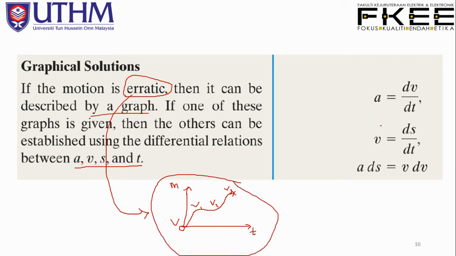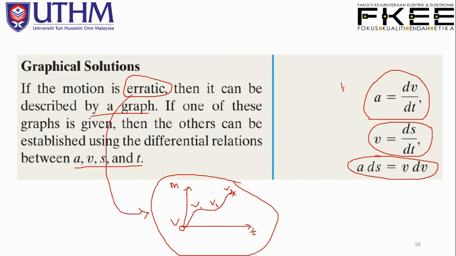This is again the equation a equals dv over dt. The relationship for a as well as v and a ds equals v dv.